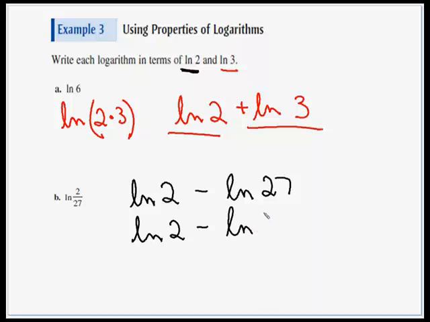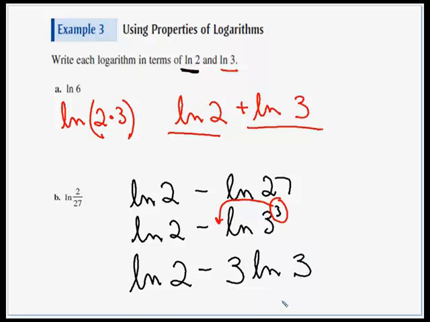Well, 27 is 3 to the third power. And we have that exponent property, that this exponent can be brought down in front of the natural log. So we can rewrite this as the natural log of 2 minus 3 times the natural log of 3. So we have rewritten the original problem in terms of ln of 2 and ln of 3.